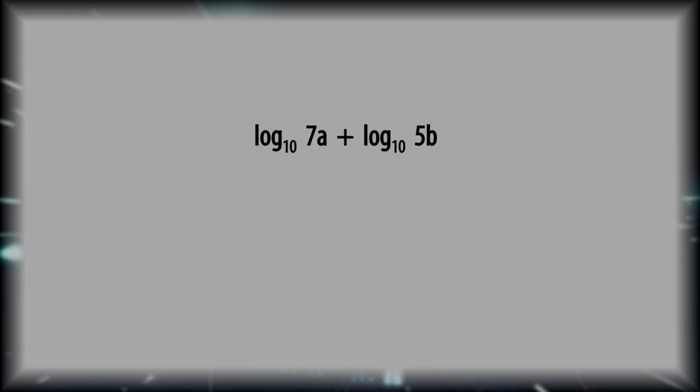Or if we say log base 10 of 7a plus log base 10 of 5b, this will be equal to log base 10 of 7a times 5b. So it will be equal to log base 10 of 35ab.